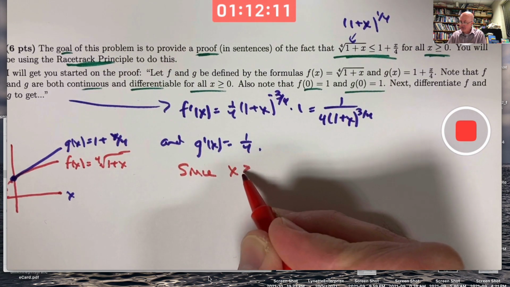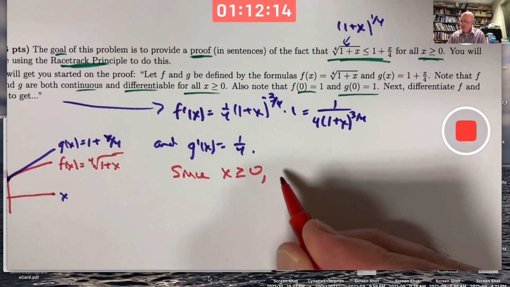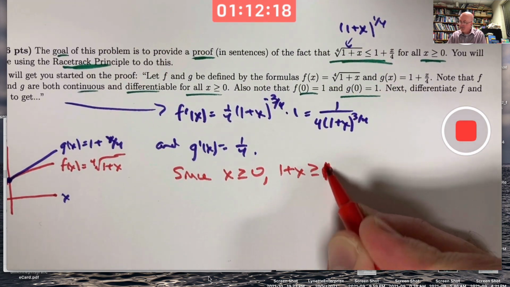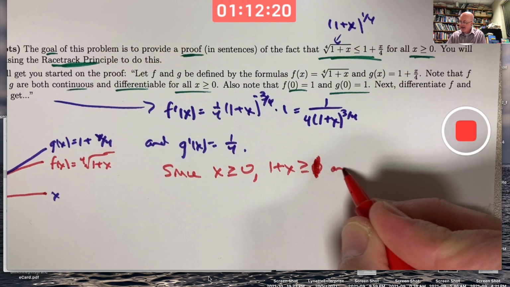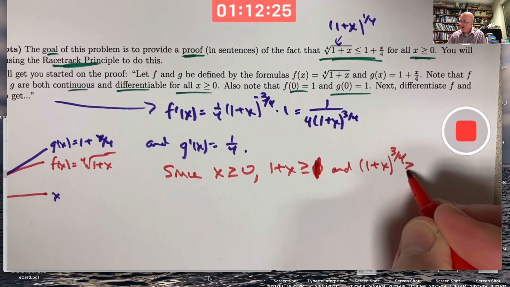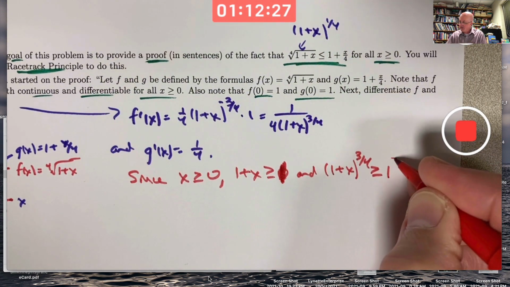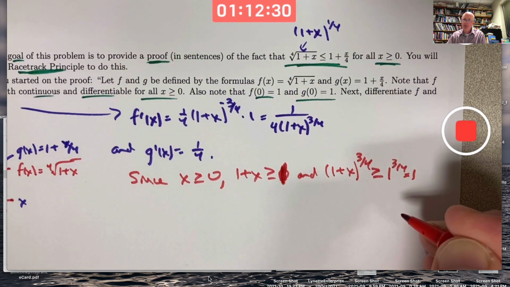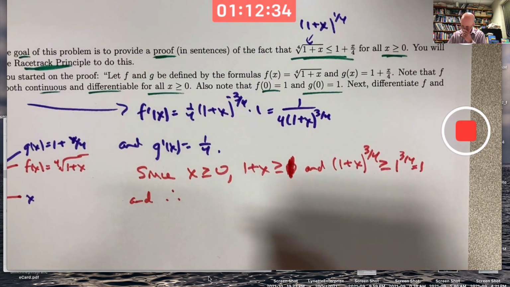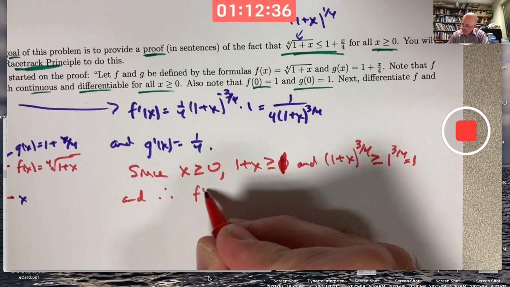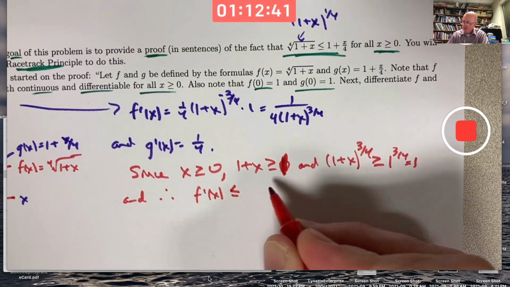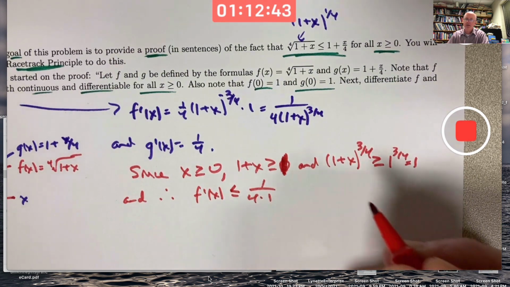Since x is greater than or equal to 0, 1 plus x is greater than or equal to 1, excuse me. And (1 plus x) to the 3/4 is also greater than or equal to 1 to the 3/4, which is 1. And therefore, f prime of x, which is this, is less than or equal to 1 over 4 times 1.